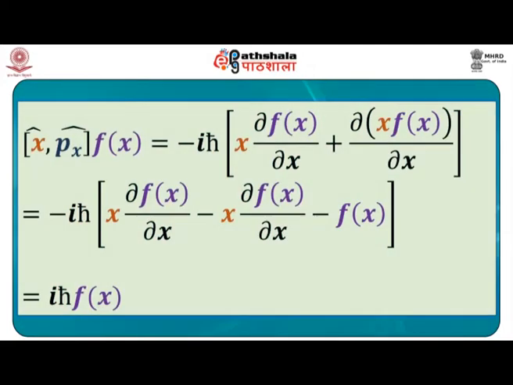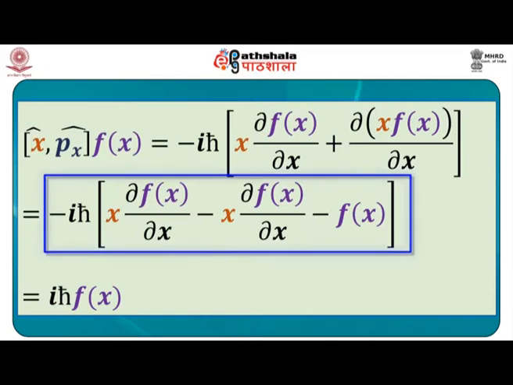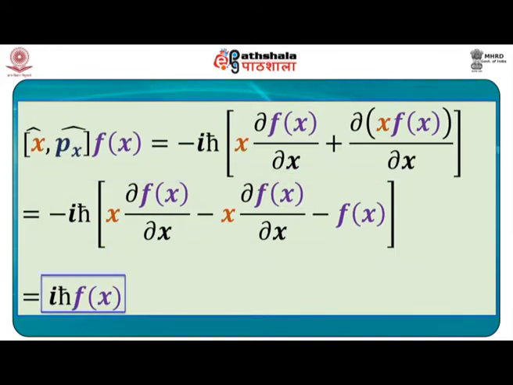On expanding, we get minus iota h cross (x del f/del x plus del(x f)/del x), which on simplification gives minus iota h cross (x del f/del x minus x del f/del x minus f), which is equivalent to iota h cross f.